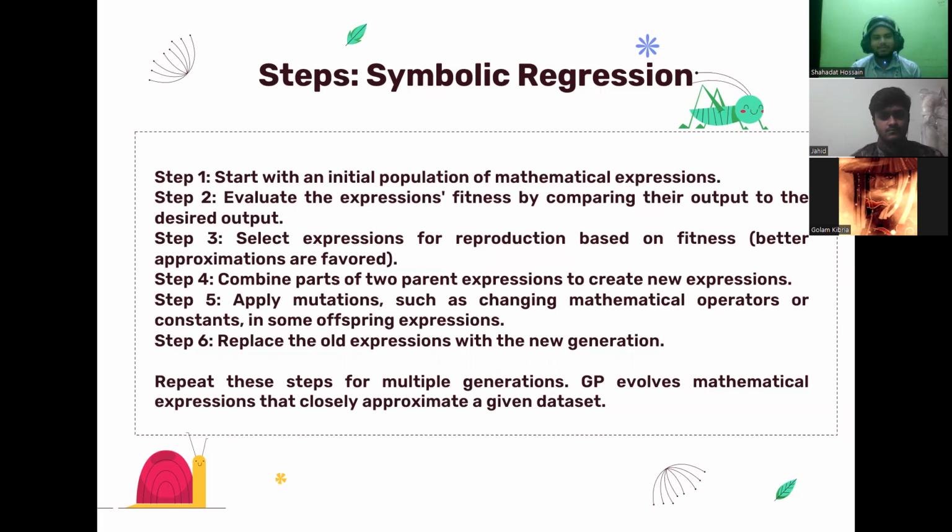So we're going to have, let's say, 10 or 20 symbolic expressions that are already solving the problem, then we're going to use genetic programming to optimize those solutions and find a symbolic regression expression that approximates the solution best among those 20 or 10, for example. So the first step is we're going to start with an initial population of mathematical expressions.